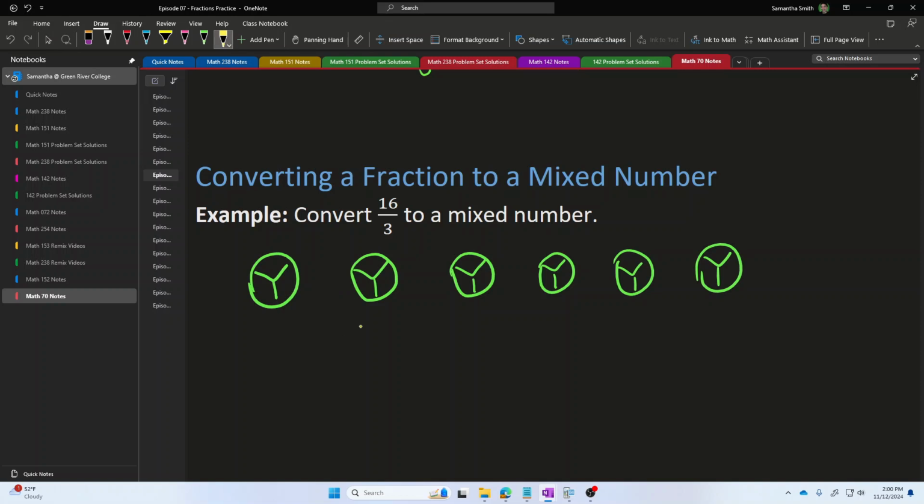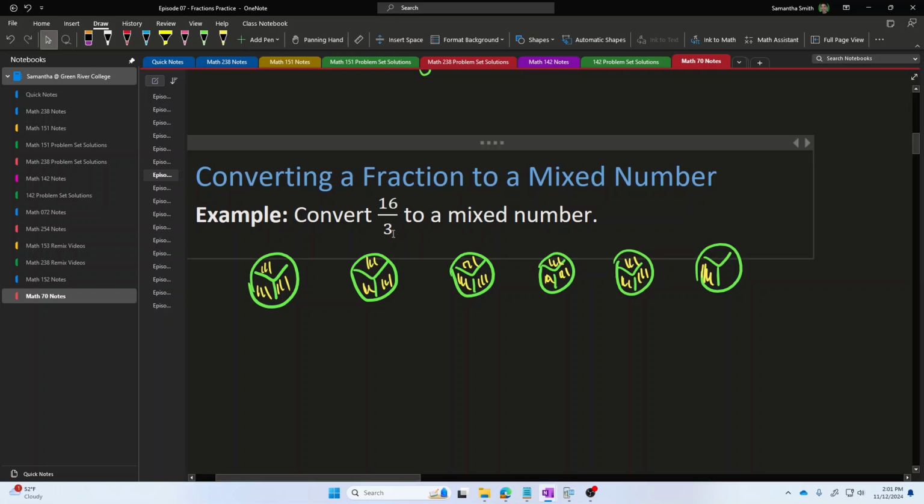So if I distribute those 16 pieces across a certain number of pizzas, then I'll have 1, 2, 3, 4, 5, 6, 7, 8, 9, 10, 11, 12, 13, 14, 15, 16. This visually represents 16 slices where the size is indicated by a denominator of 3.